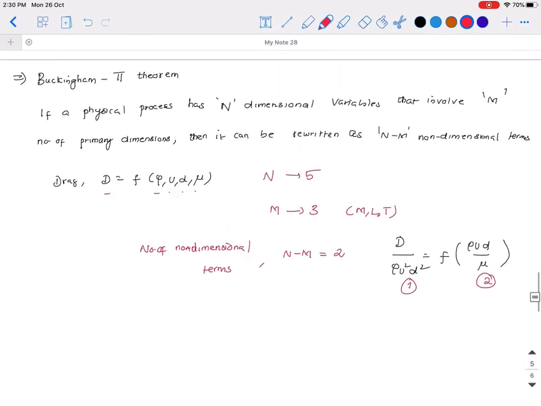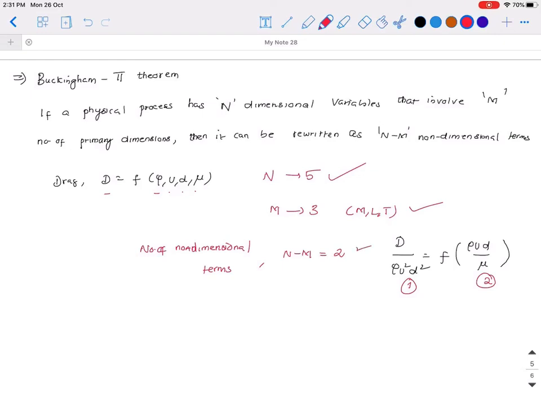The Buckingham Pi theorem says that a physical process can have n dimensional variables, in this case 5, that involve m primary dimensions. The primary dimensions here are mass, length and time. Neither temperature nor amount of light nor any other dimension is involved here, so the total number of non-dimensional terms would be 2.